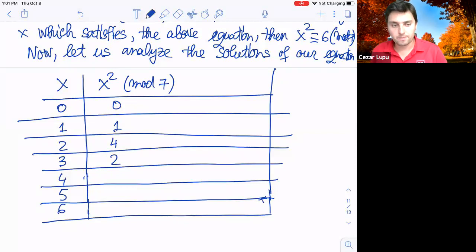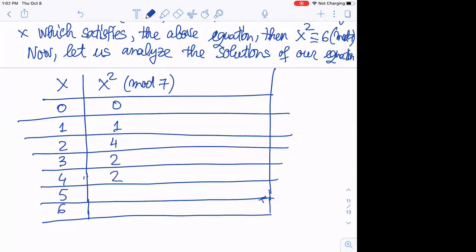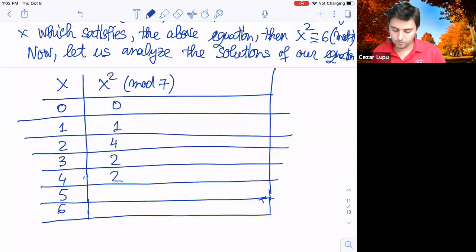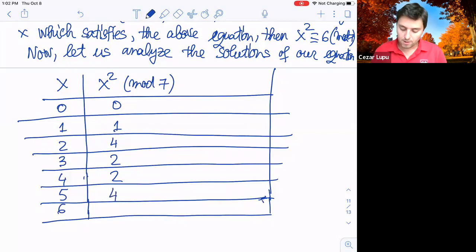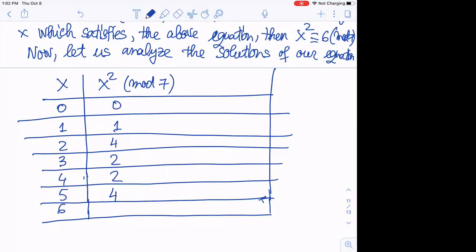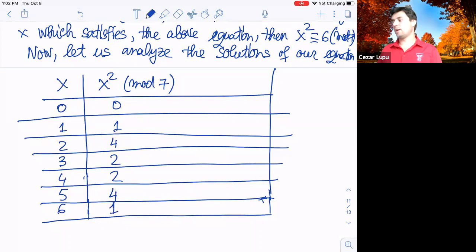When x equals 4, you have 2 again. For 5, 25 mod 7 is 4. And when x equals 6, 36 mod 7 is 1. Correct. All right, so I have this.